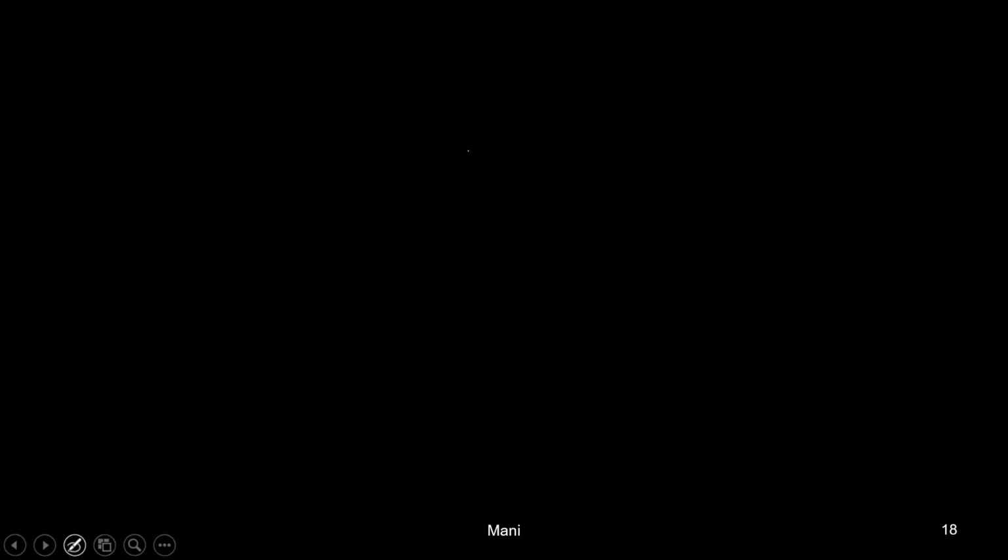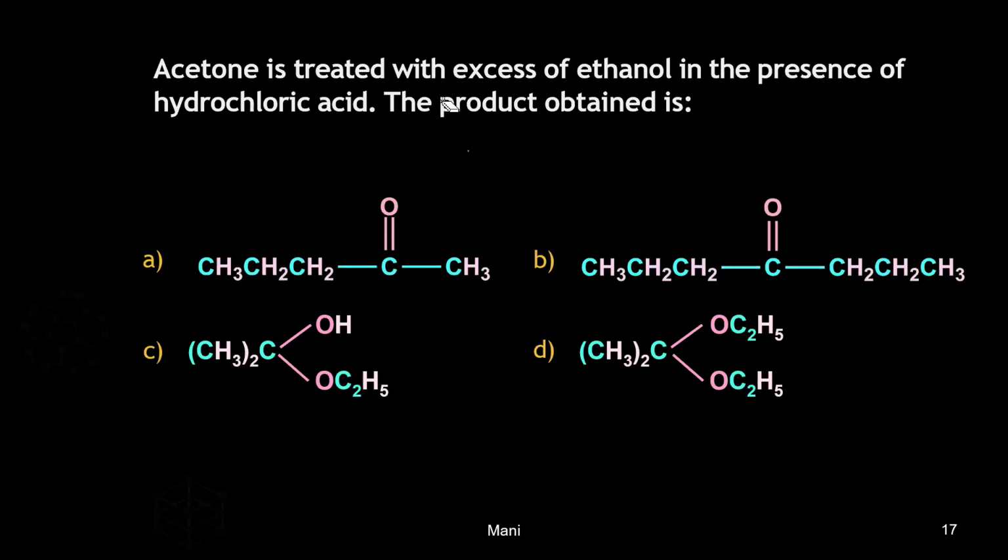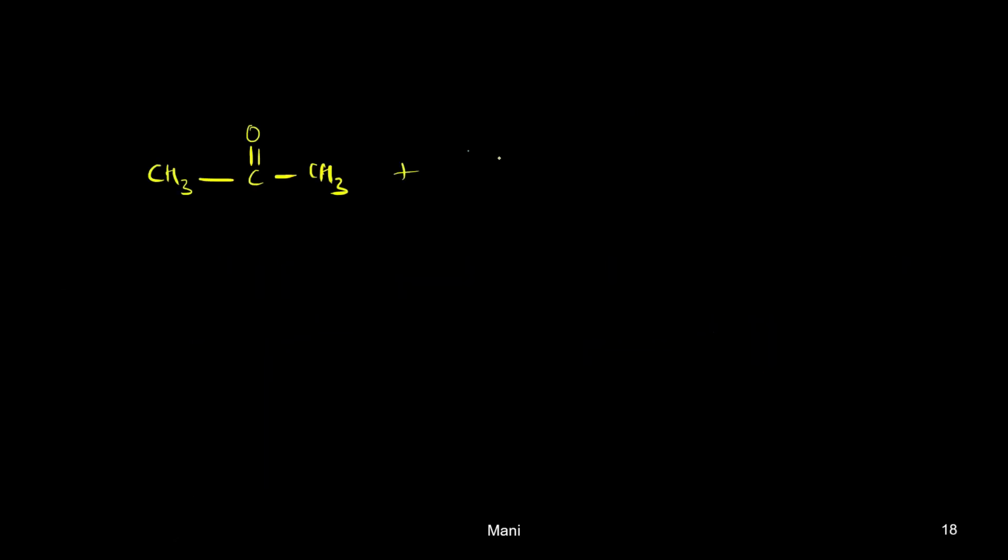Let me draw it. It's acetone, right? So it is CH3, C double bond O, CH3. When it reacts with ethanol, C2H5OH, you will be taking 2 moles of this ethanol.